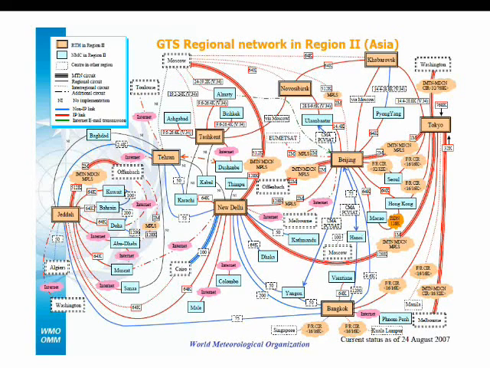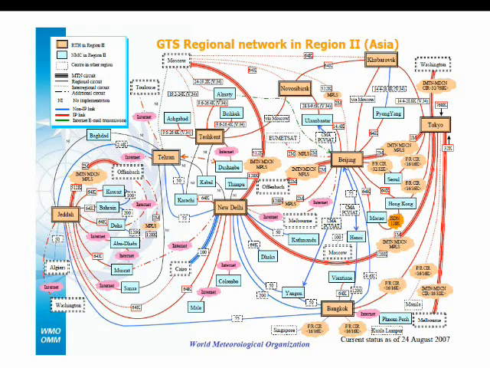So in my sense, good improvement, I think. But regrettably, 3 member countries are still isolated from GTS. That's Baghdad, Iraq, and Kabul, Afghanistan, and Thimphu, Bhutan.